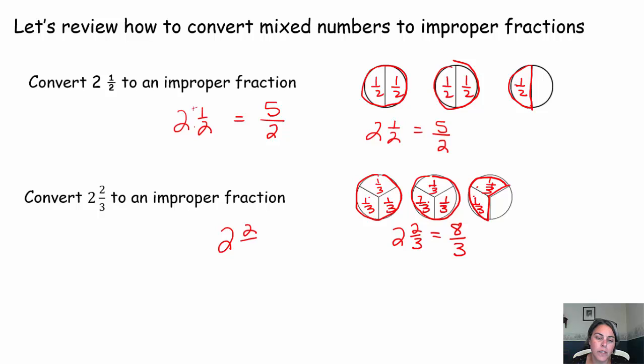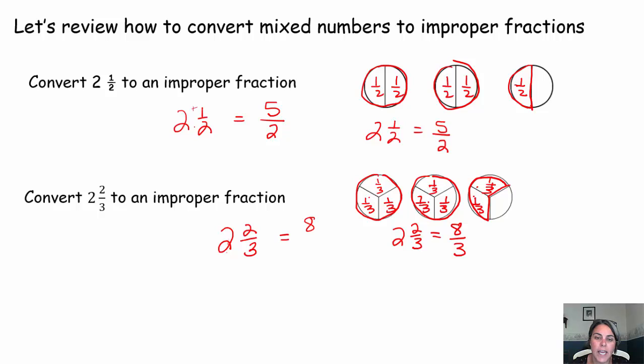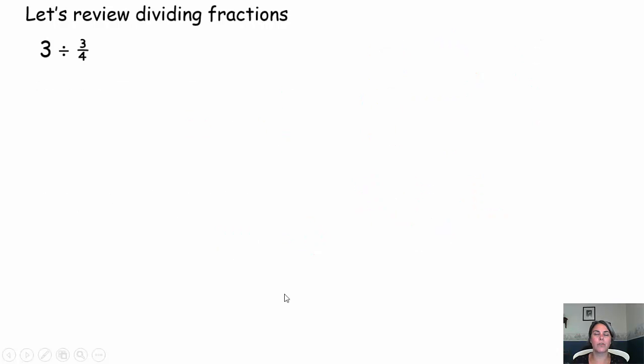Again, if you don't have pictures in front of you or you're not comfortable drawing the pictures, you'll remember you can just do 3 times 2 is 6 plus 2 is 8 thirds. So you'll remember from years past, you used to multiply that and then add that on. That's a quick review for going from mixed numbers to improper.